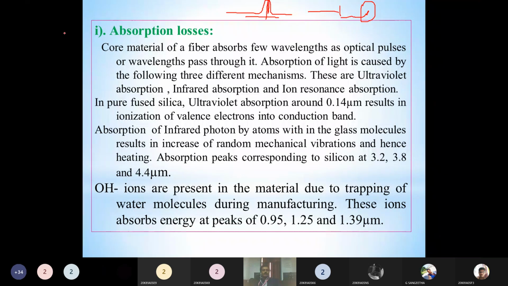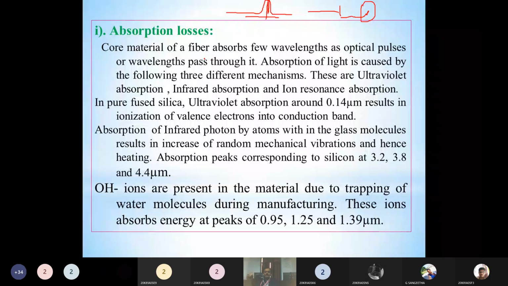Now coming to absorption loss in optical fiber. Generally optical fibers are made of either glass or plastic. There are many different types of glass materials, and different types of glass have different absorption ranges. If any water molecules are present inside the material, they also absorb some radiation.